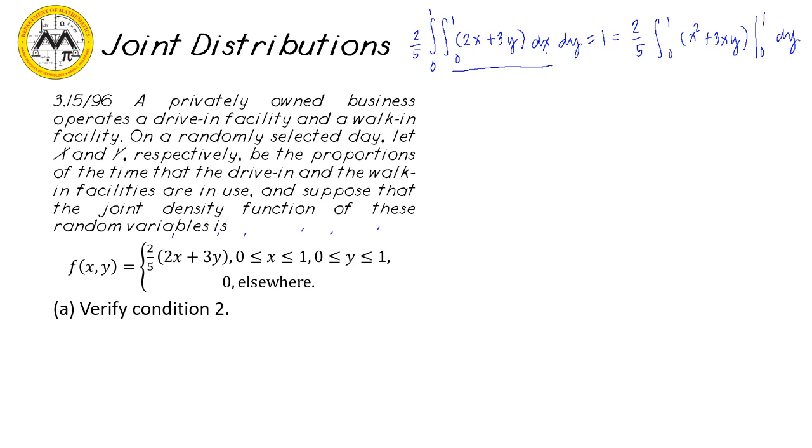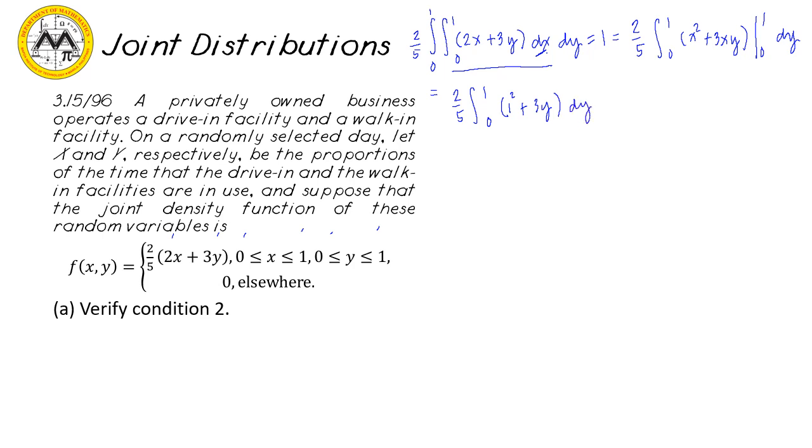So this would be 2 over 5 and then the integral from 0 to 1. Take note that x is from 0 to 1. So that would be 1 squared plus 3y. If you substitute 0, it would be 0 squared plus 0, so we disregard that.